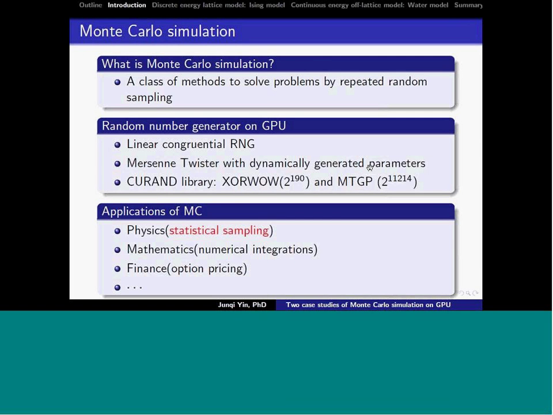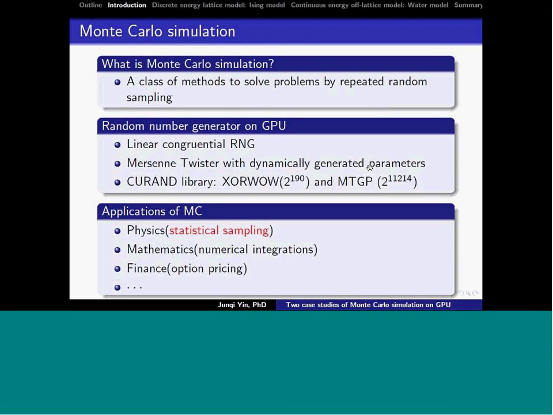State for a random number generator only requires like 5 or 6 words, so it's cheap. While for another one, Mersenne Twister, you need like 50 words to store the state, and yes, it will cost your global memory.